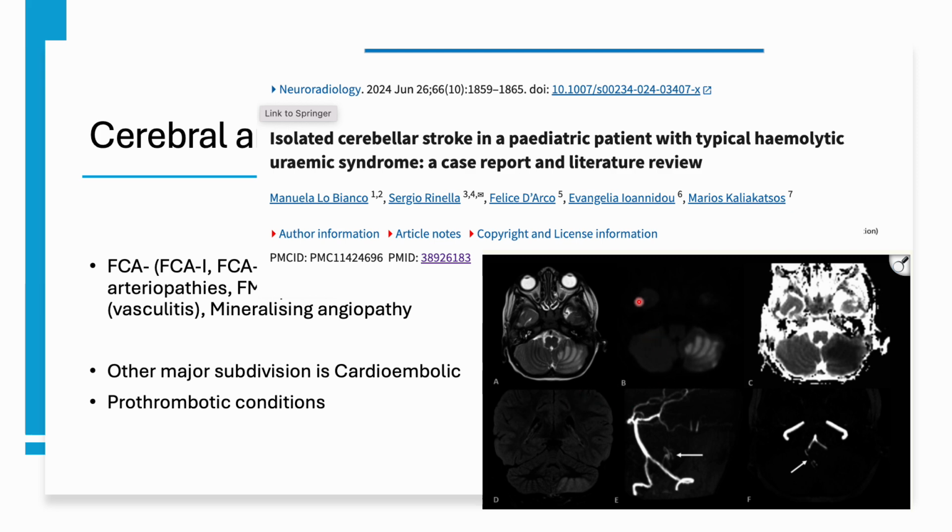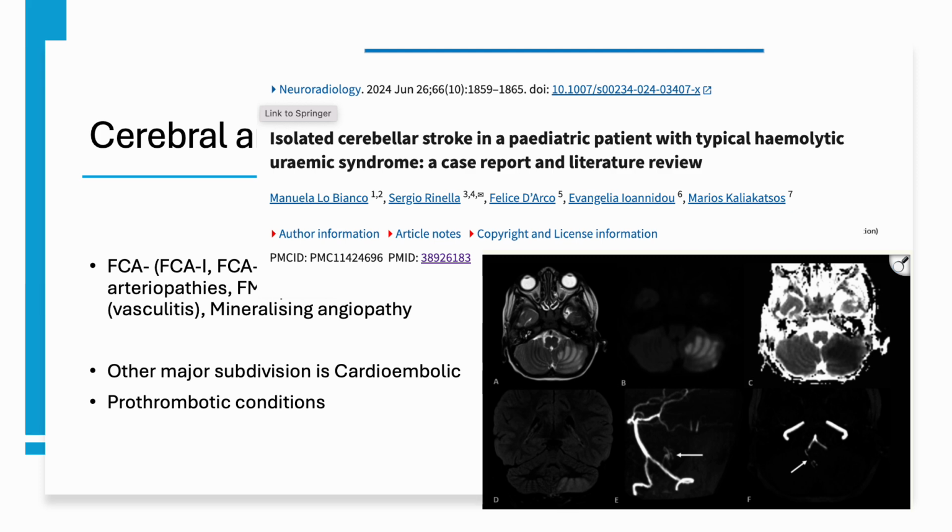And when this case was looked into and a literature search was performed, we could only find about 6 or 7 cases which were reported where there had been a posterior circulation stroke in the context of HUS. And essentially there is postulated to be an underlying endothelial injury with inflammation in the cerebellar vessels caused by the E. coli O157 infection.